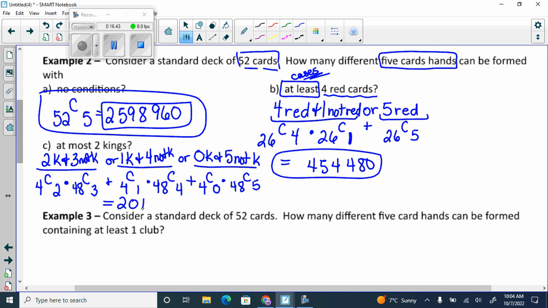24973. Everyone else get that and I typed it in wrong? I got 259. Wait, do you have to put in the 4C0? Whether you put it in or not, it won't affect it because 4C0 is 1. So, did that change it, or did I just do it wrong? Something is wrong.